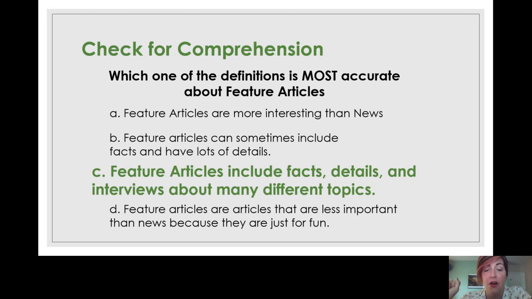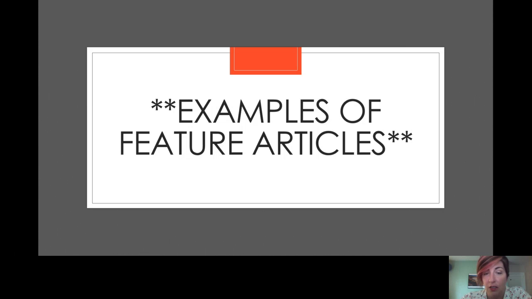Or D, feature articles are articles that are less important than news. Again, that is another opinion. So feature articles include facts. We're not going to make anything up. Details and interviews about many different topics. That's our best choice. So let's learn about all the different kinds of feature articles that are out there.